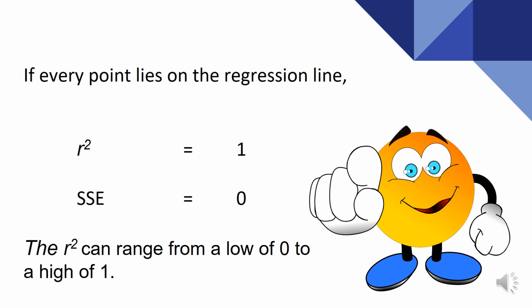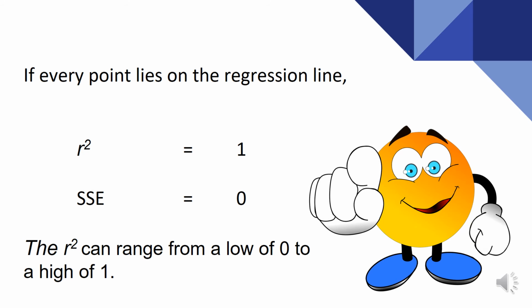If every point in the sample were on the regression line, meaning all errors are 0, then 100% of the variability in y can be explained by the regression equation. So r squared equals 1 and SSE equals 0.